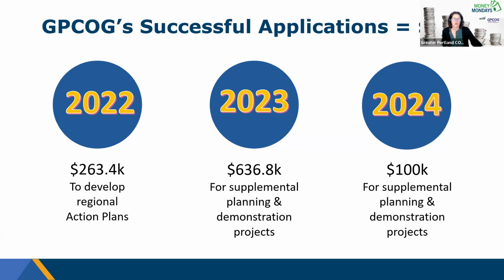That is currently underway. And in the 2024 cycle, we received 100,000 again for supplemental planning and demonstration projects, this time in our rural communities. The first one was for the more urban communities, which were first to get an action plan.